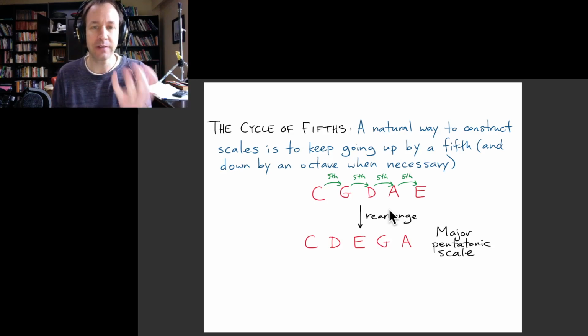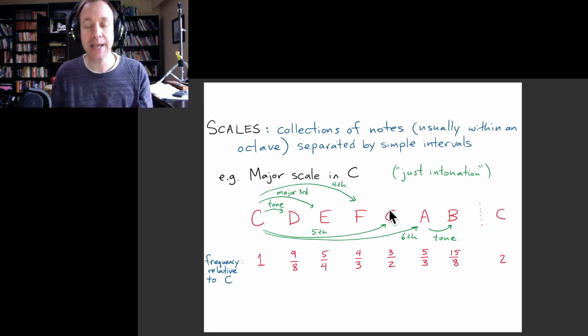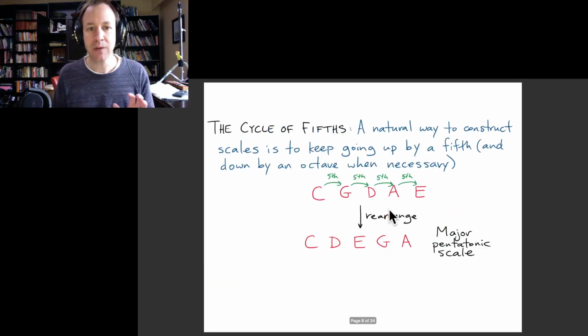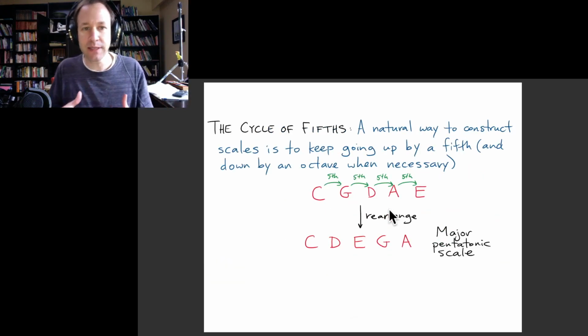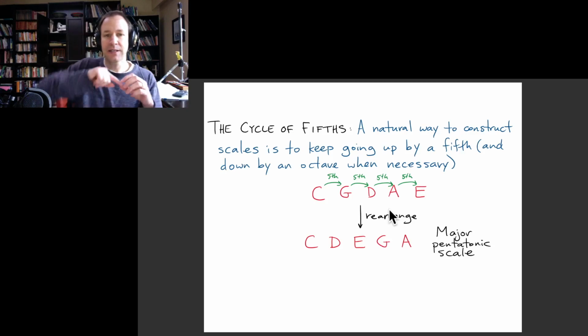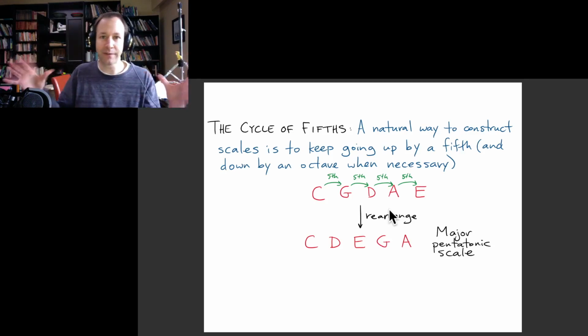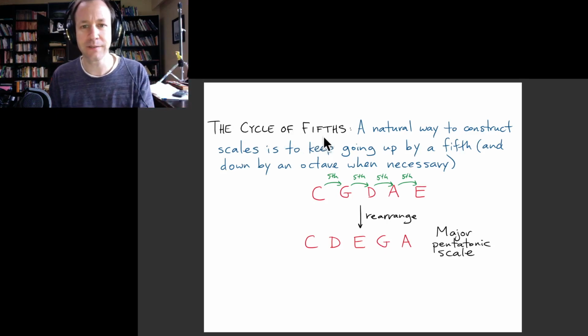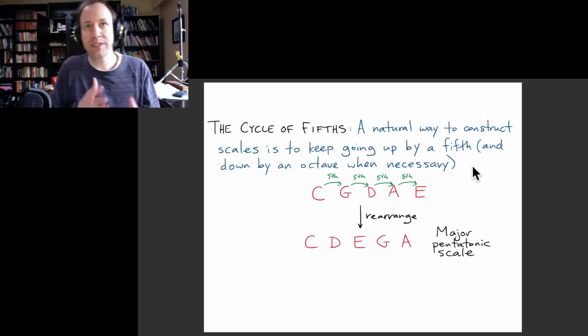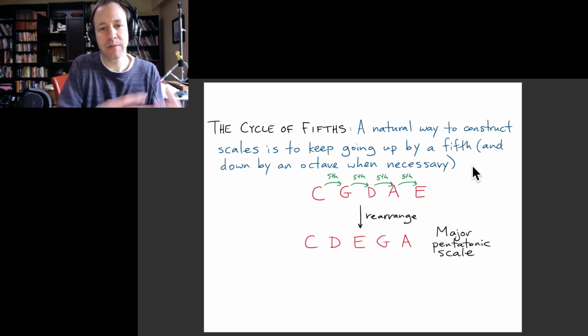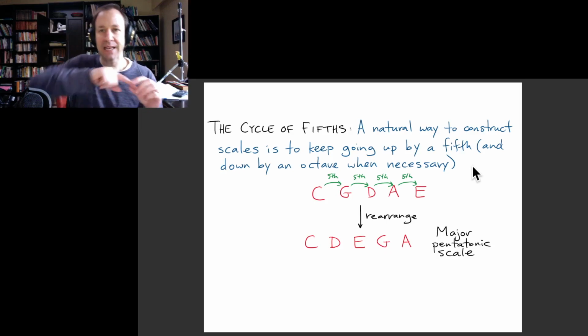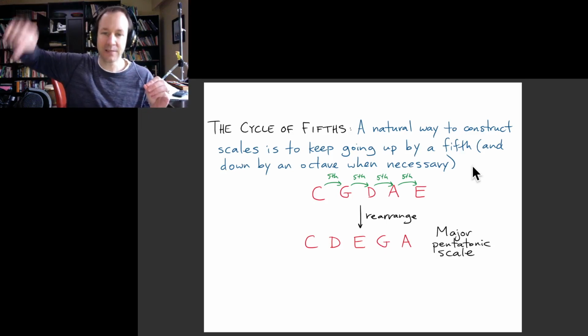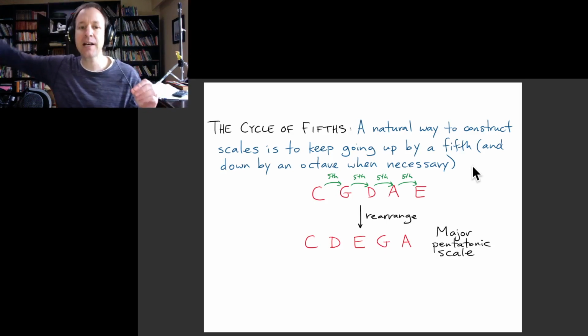And so to introduce the next way that we can think about this C major scale and a lot of other scales, I want to talk about a very simple thing you can do starting from the interval of a fifth. There's something called the circle of fifths, or the cycle of fifths, which is a procedure where you start with some note, I'm going to assume that's a C, and then you go up a fifth, and then you keep going up a fifth each time.